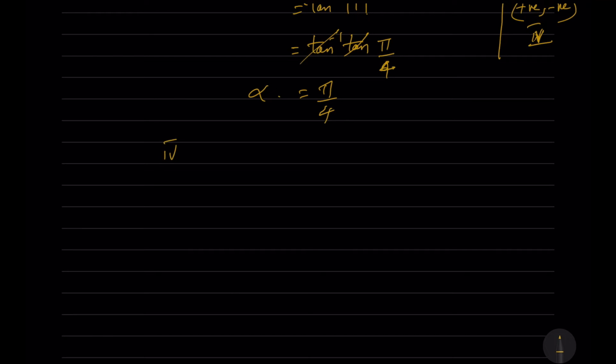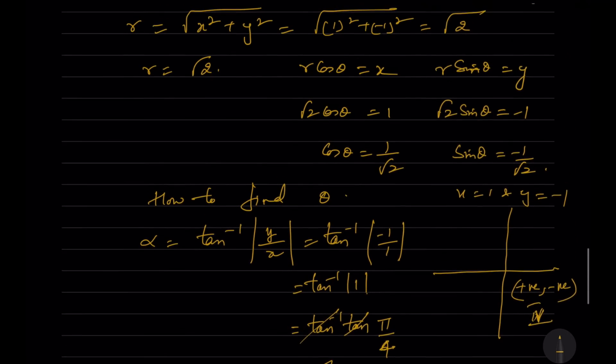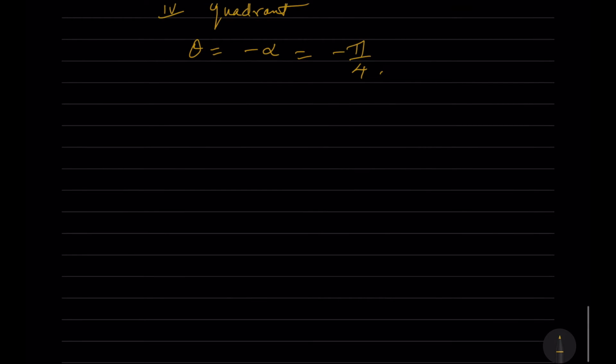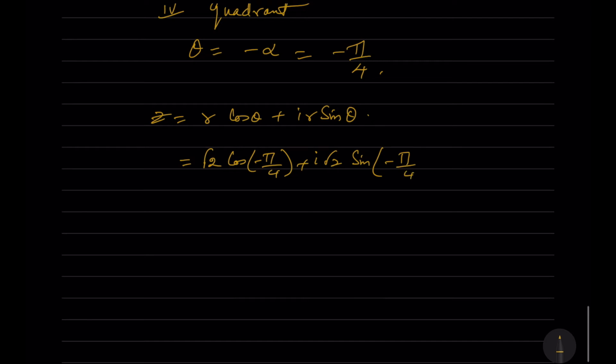In the fourth quadrant we have theta is equal to minus alpha, which is equal to minus pi by 4. So now we substitute it in the polar representation form, that is z is equal to r cos theta plus ir sin theta, which is equal to root 2 cos of minus pi by 4 plus i root 2 into sine of minus pi by 4.